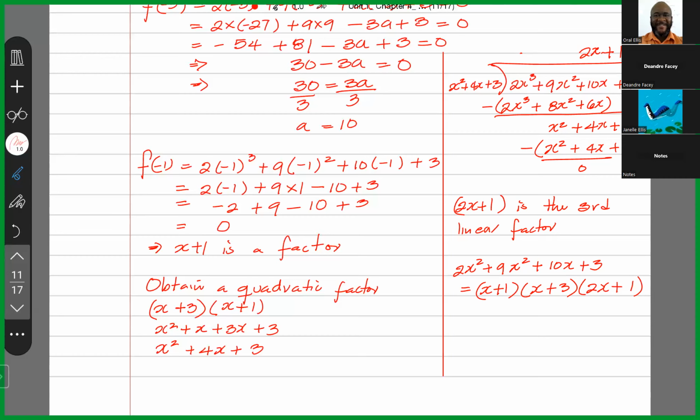So x plus 1, x plus 3, and 2x plus 1 are the 3 linear factors. And what we just did was go through the process of determining the third linear factor, which is 2x plus 1.